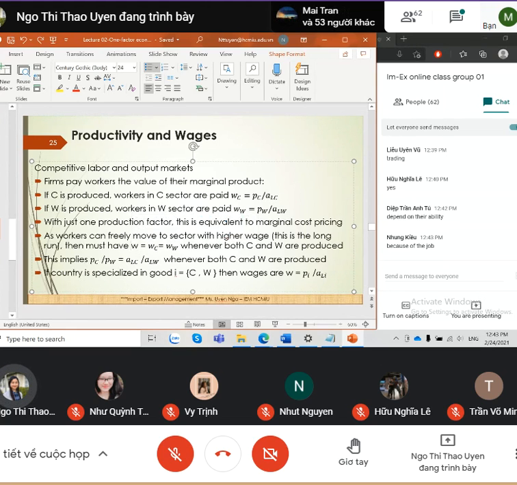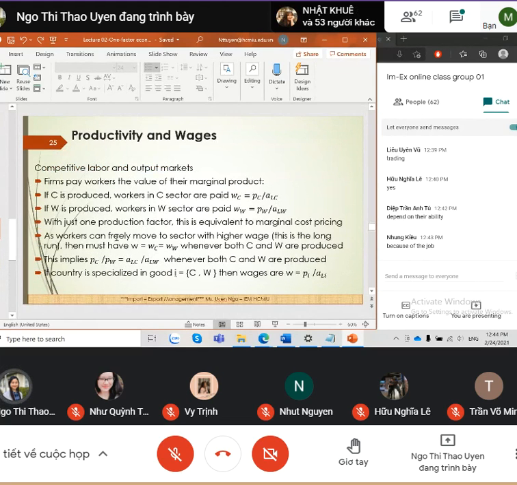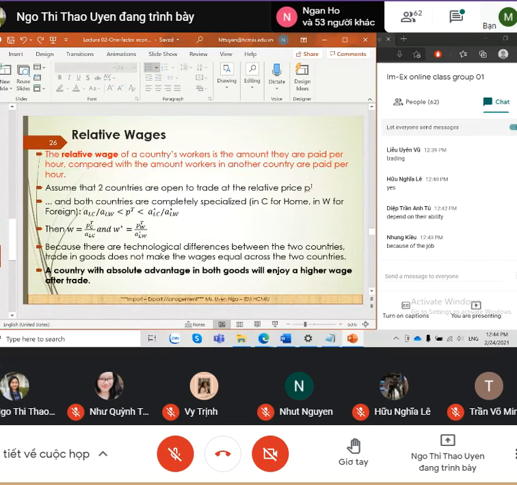Because of numerous reasons, like technological development, capability, or the advantages and disadvantages of a country. But in perfect conditions, the wage will converge to one wage in the long run when both products are produced in the same country.